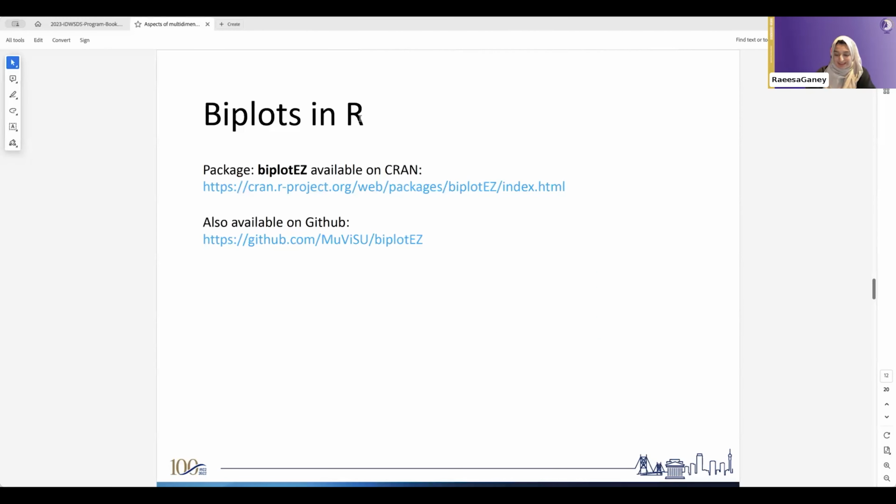So lucky we don't have to do this by hand, and we don't have to create functions. We recently published a package in R that is available on CRAN, and it's called biplotEZ, or EZ if you're American.